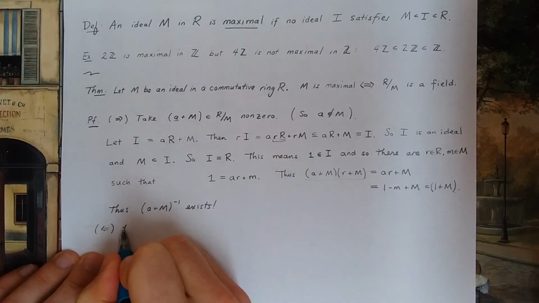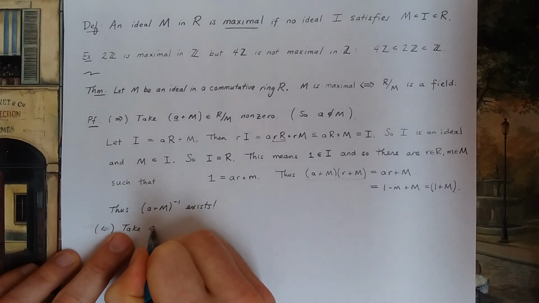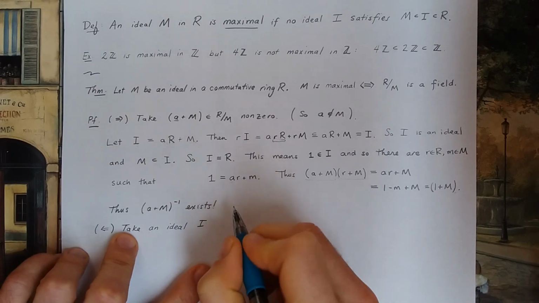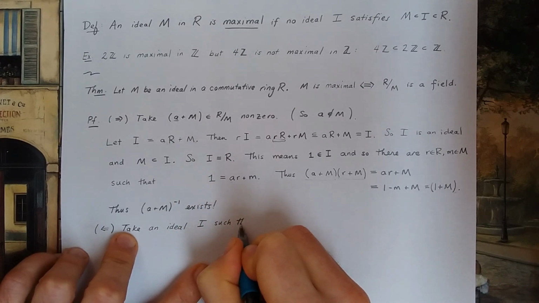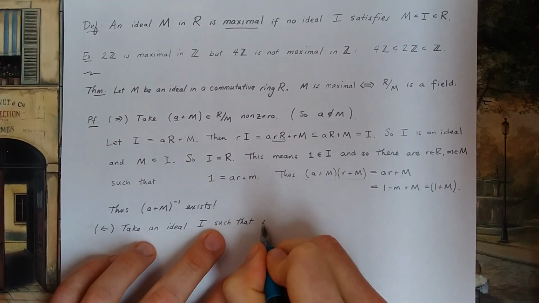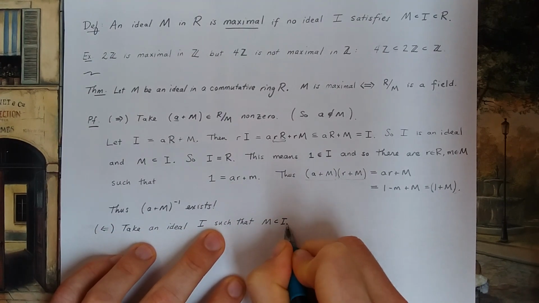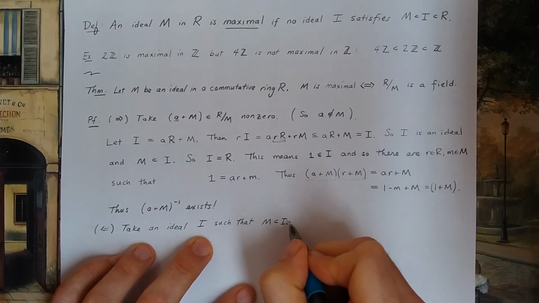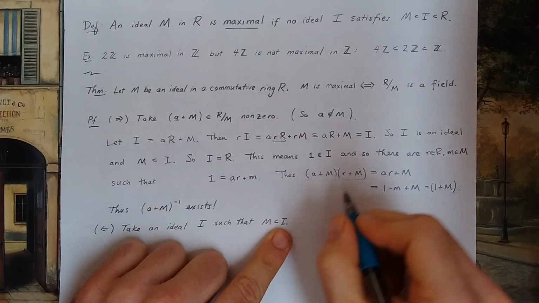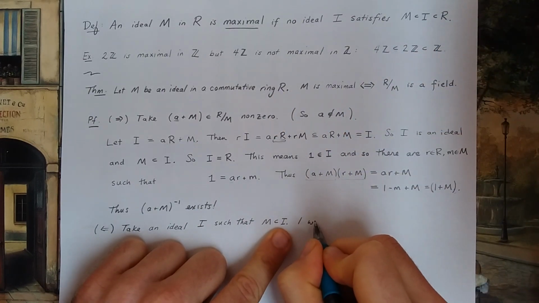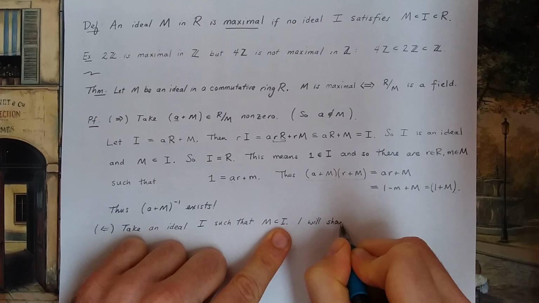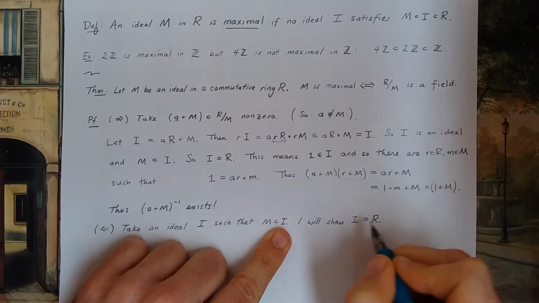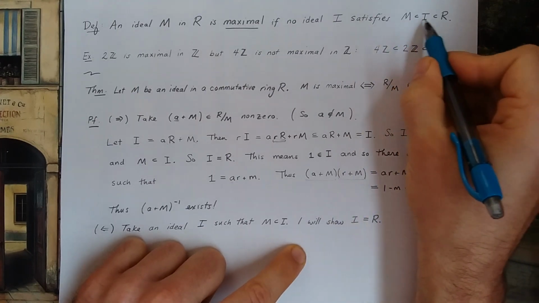So I'm going to take an ideal I such that M is a proper subset of I. I hope that I could prove that I has to be equal to the entire ring R. So I will show that the ideal I has to be the entire ring, because then this condition cannot be satisfied.